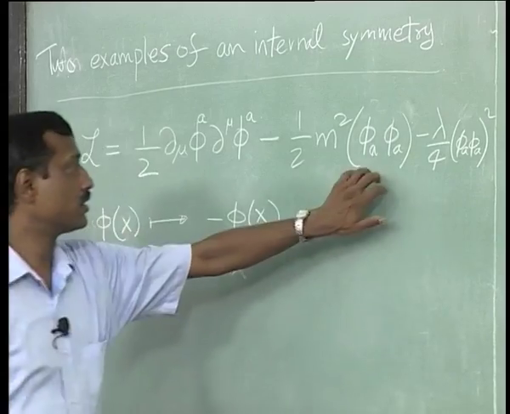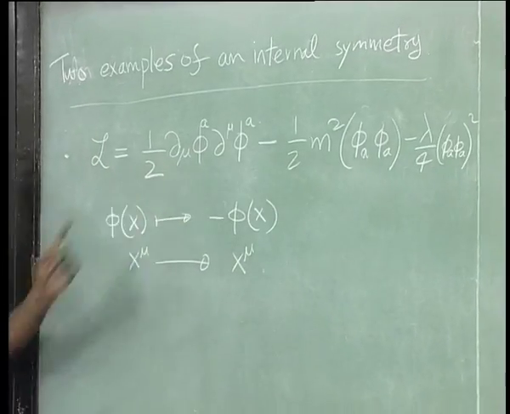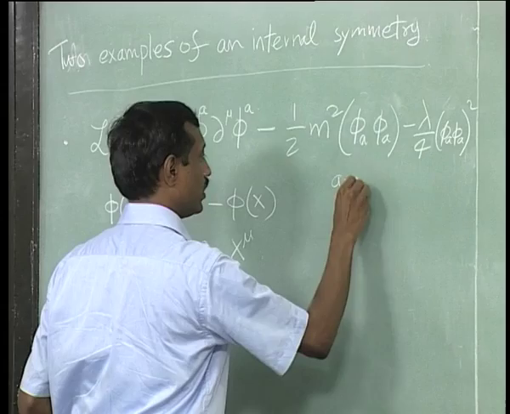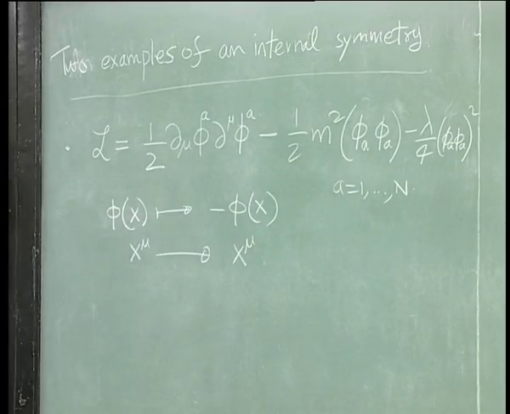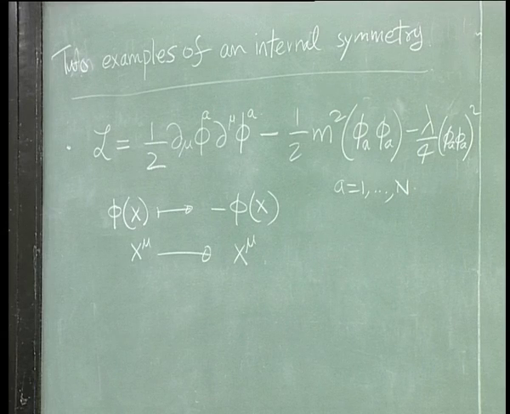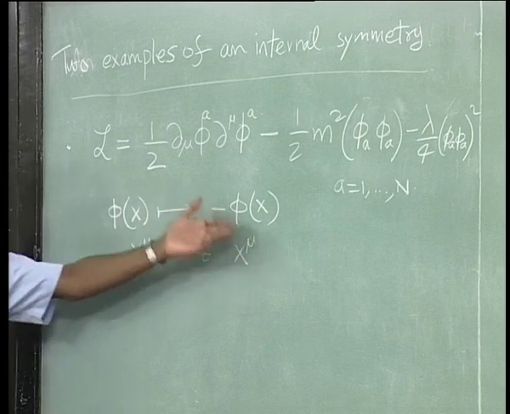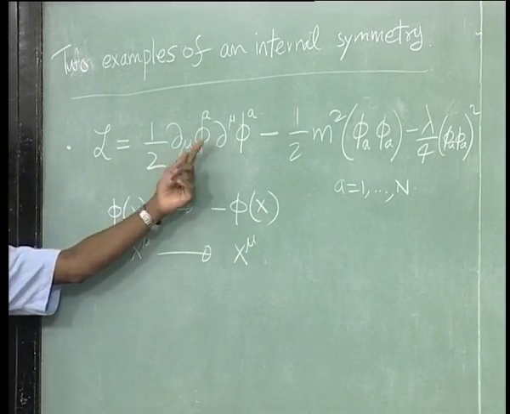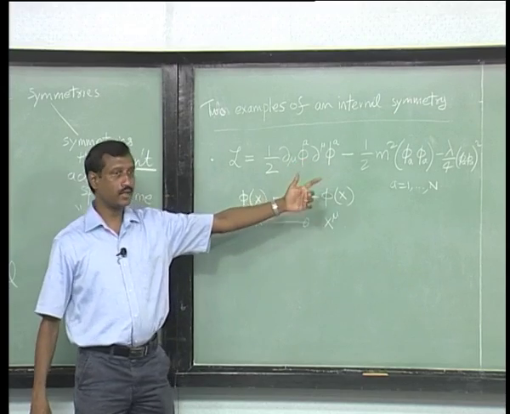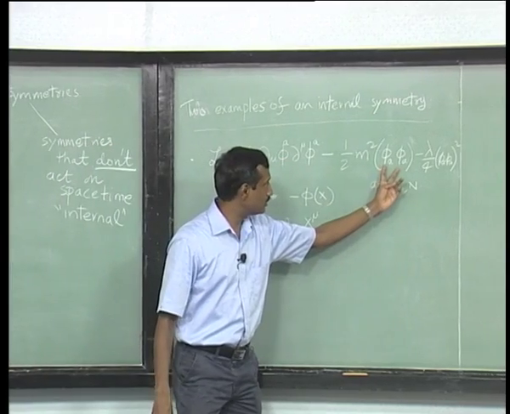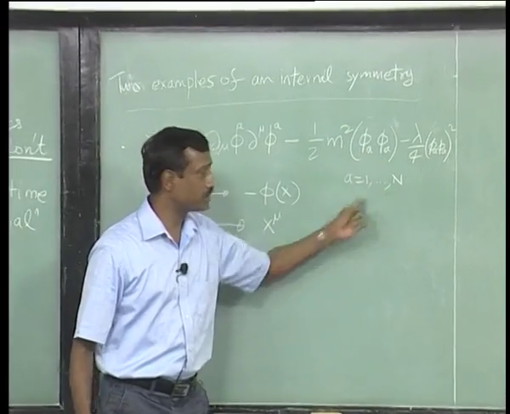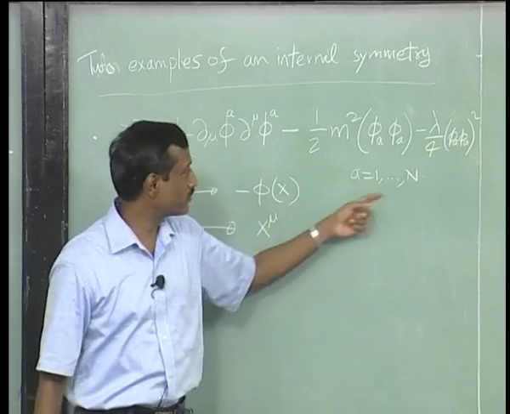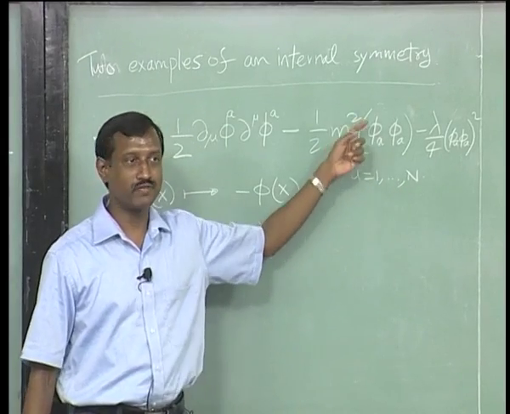No square out here, it is still quadratic if A is some index which runs from 1 to n. Okay, we are just summing over them. So, there are n species of identical scalars, and they interact such that this term here is just the quadratic, it is like the length of a vector of some n dimensional Euclidean vector.